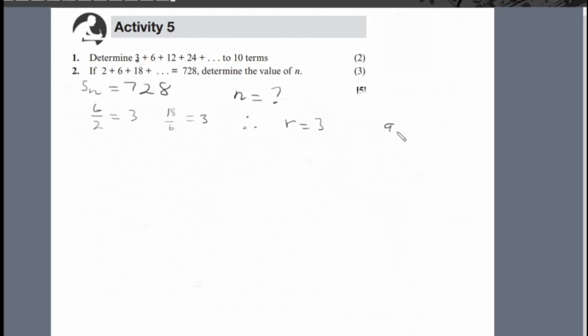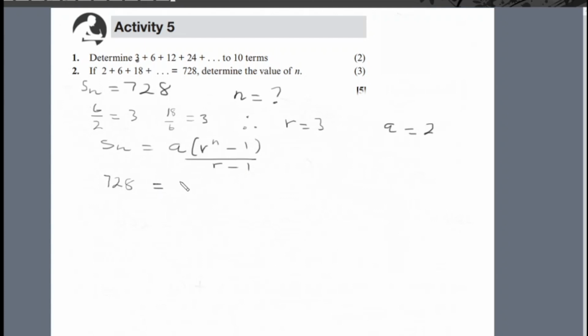And a is 2. So because we have a common ratio, this is a geometric series, and r is greater than 1, which tells us ukuthi sizosebenzisa le formula yaka Sn equals a times r to the n minus 1 divided by r minus 1, right? So Sn basinikelile ukuthi Sn is 728, right?